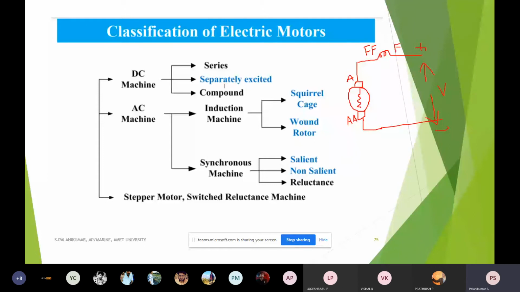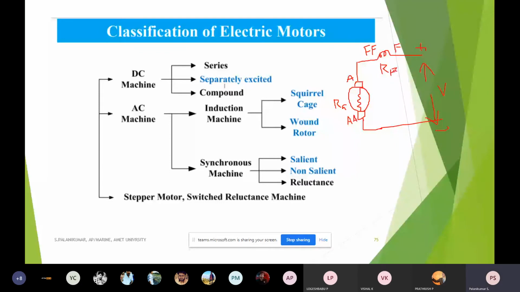Inside, the armature coil exhibits its own resistance, which we call the armature resistance, named RA. The field coil also exhibits a resistance, RF, the field coil resistance.